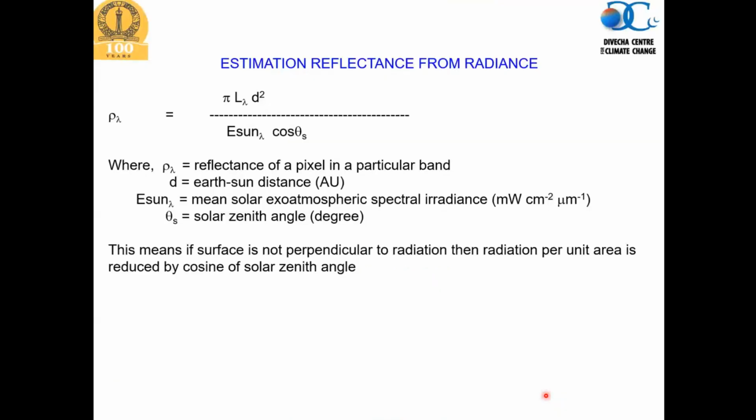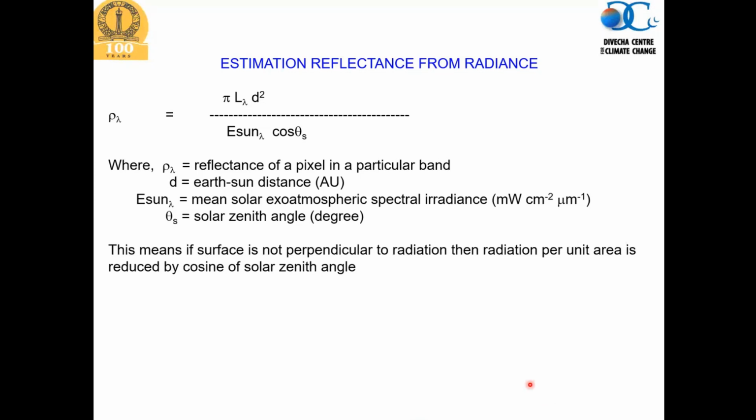So what really happens above the surface, but what happens on the land? That is a very important thing. This is the estimation of reflectance from radiance. Once you have radiance, you need to convert it into reflectance.